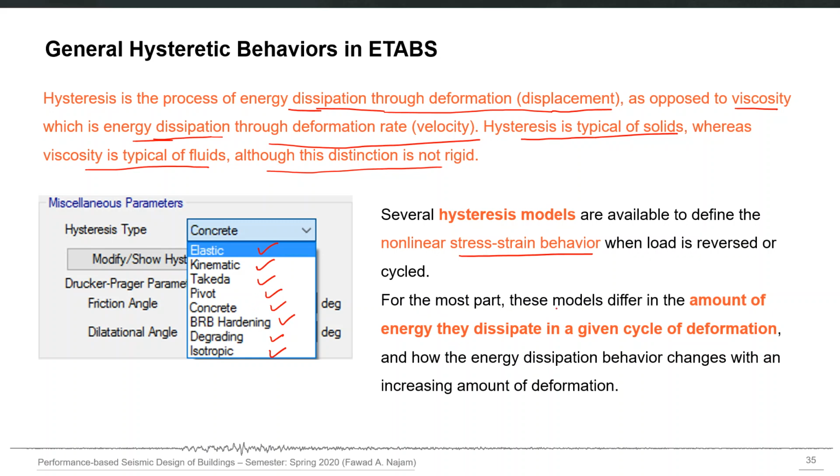For the most part, these models differ in the amount of energy they dissipate in a given cycle of deformation. In the next few slides, I will quickly introduce these hysteretic behaviors, but you will see that their shapes are different, and in fact, the areas under these loops are different, and therefore the amount of energy they dissipate in a particular cycle is different.